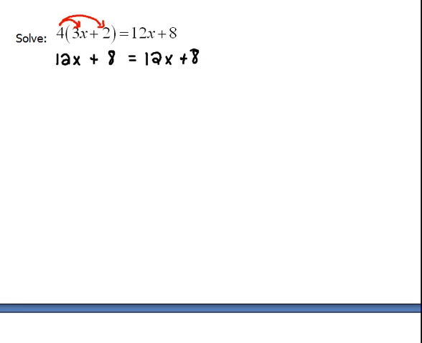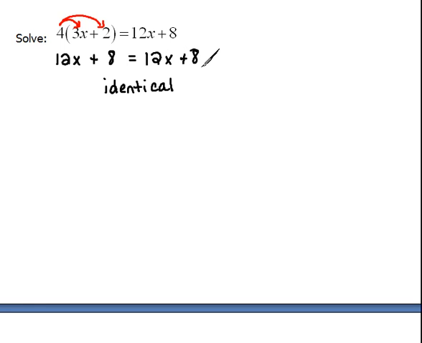When both sides of the equation are absolutely identical, it doesn't matter what number you plug in for x. Let's say x is a 1. 12 times 1 plus 8 would be the same thing as 12 times 1 plus 8. If we were to use a 10 for x, 12 times 10 plus 8 is the same as 12 times 10 plus 8.